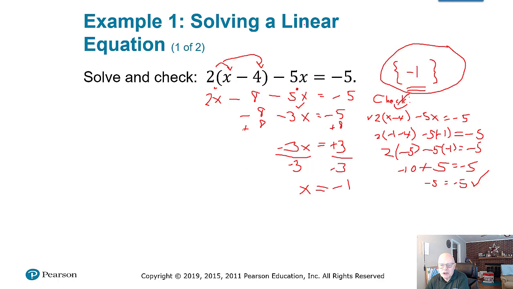Spoiler alert, you would take the solution you just found, store it in your calculator's X mailbox, and then write the left-hand side in your calculator, hit enter, and you should end up with -5, because your calculator is going to get to the x and it'll say, oh, that's a -1. It'll get to this x and say, oh, that's a -1, and it should end up with a -5. An easy way to check.